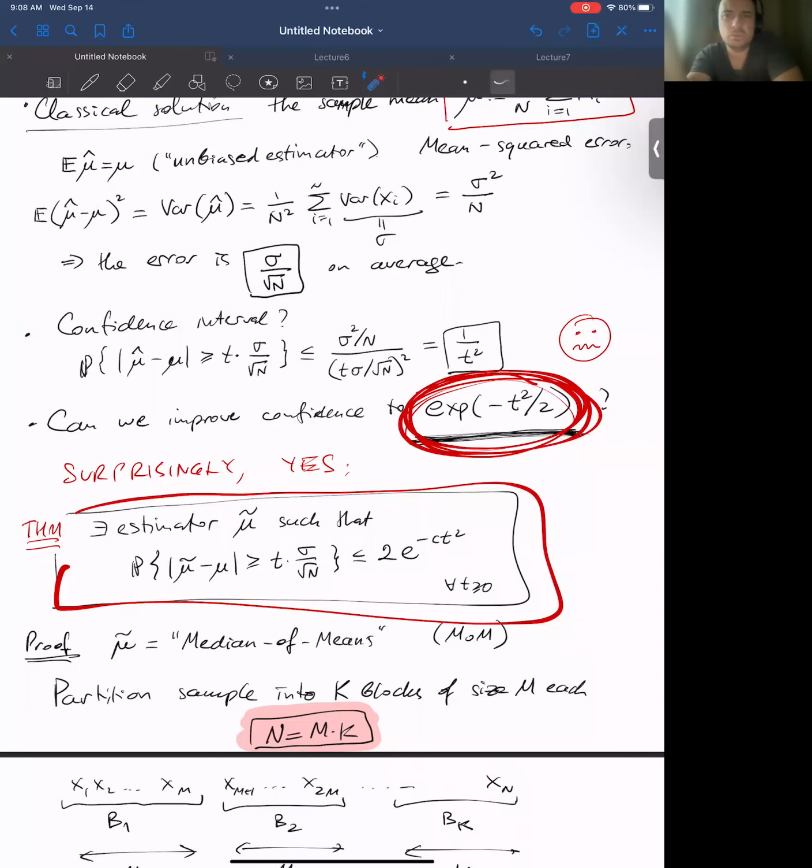Okay. But you mentioned that from the Cramér-Rao limit, it follows that one is optimal. So the median of means must be worse. Yeah, the rate, but I don't remember the constant. Any estimator has this bound, but there is this constant that I don't know. So maybe the deal is to improve this constant.